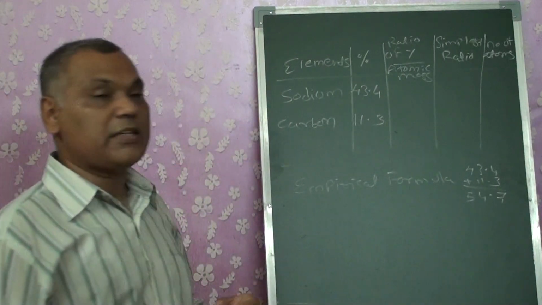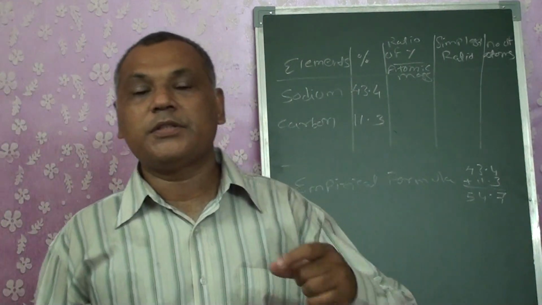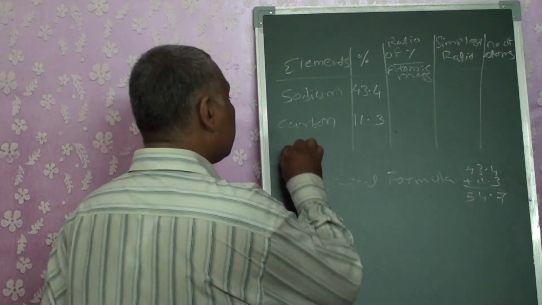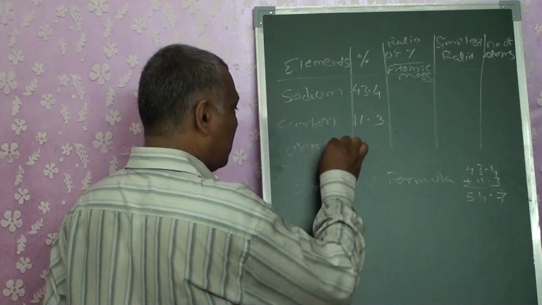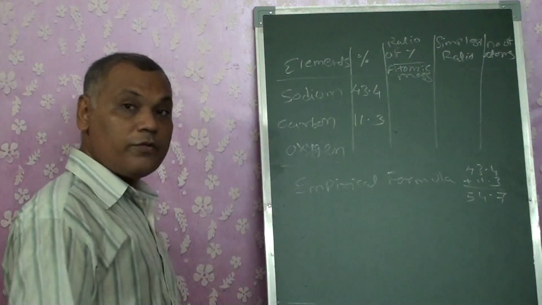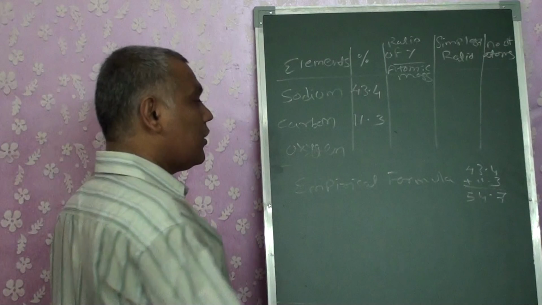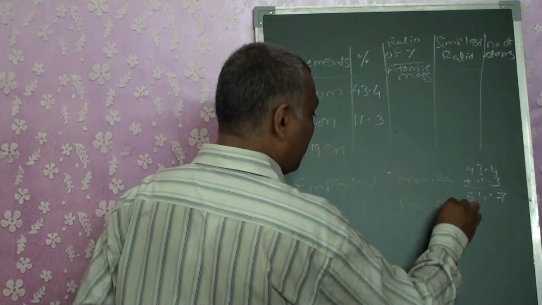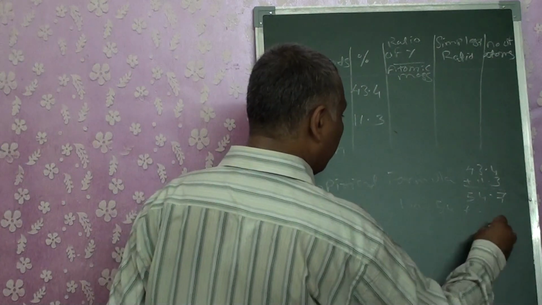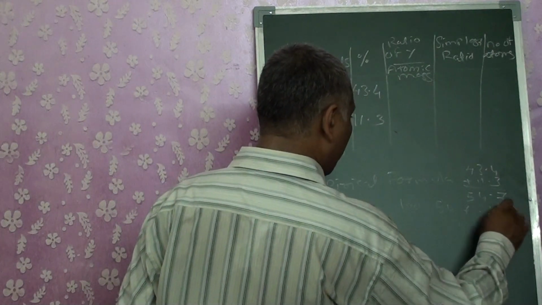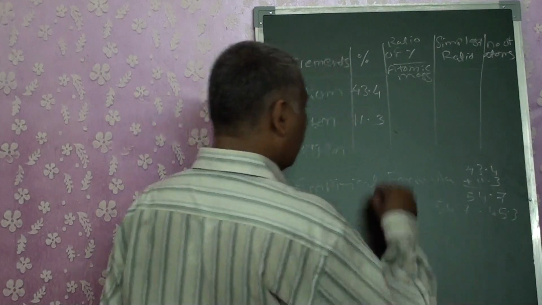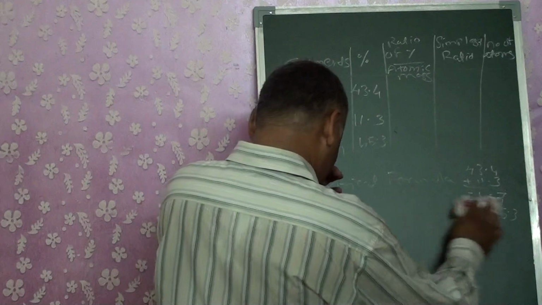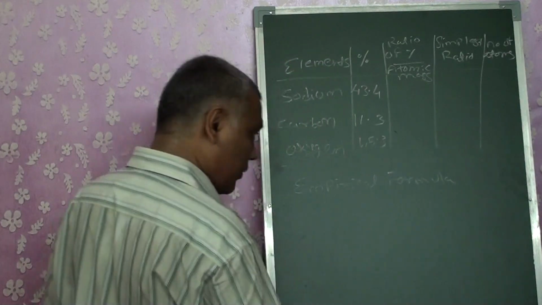So whenever this type of incomplete percentage is there, we have to consider that the rest is always oxygen. That means 100 minus 54.7, which is 45.3%. Now we got that the oxygen is 45.3%.